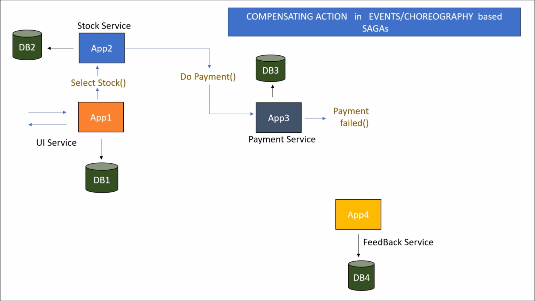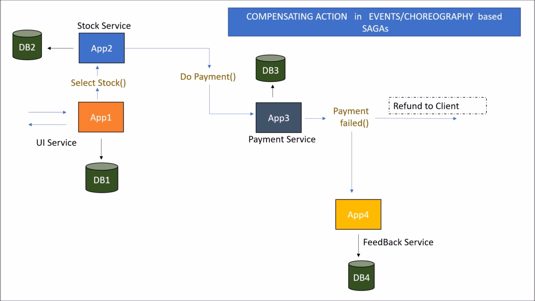So in order to compensate this action, this event should be listened to by the feedback service and by the payment service in order to revert the deducted amount. So the payment failed event will be listened to by the payment service, which will return or refund to the client or any other microservice that is doing this process, and simultaneously by the feedback service, that the payment has failed.